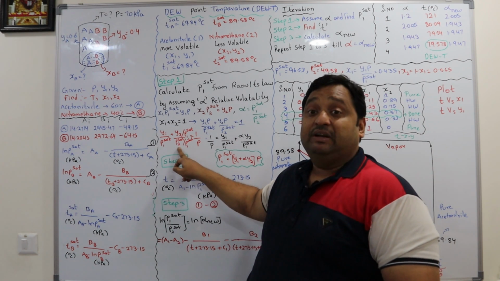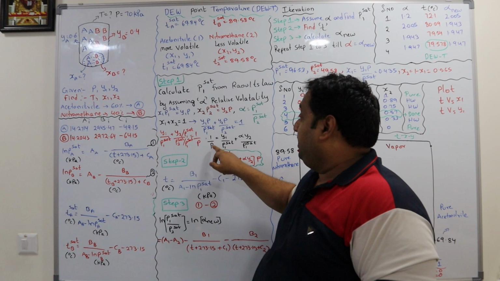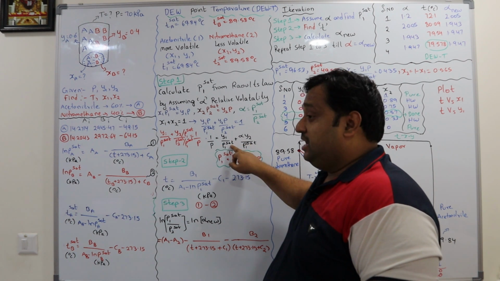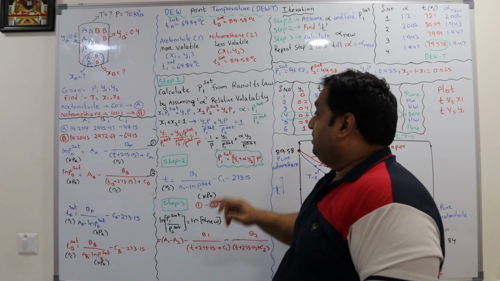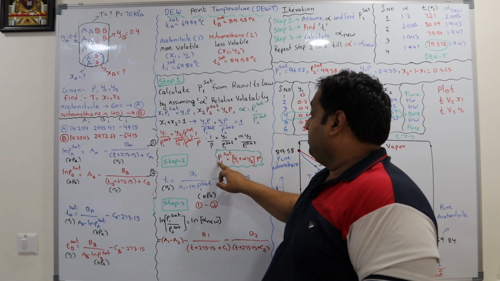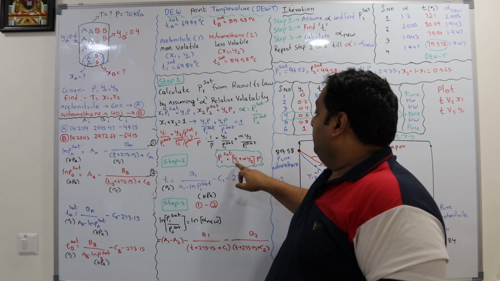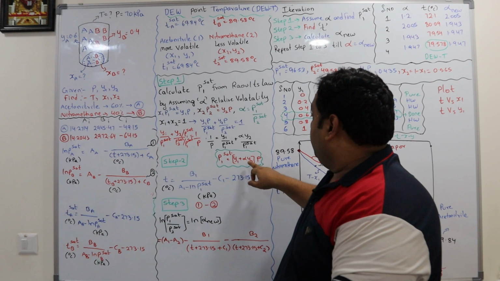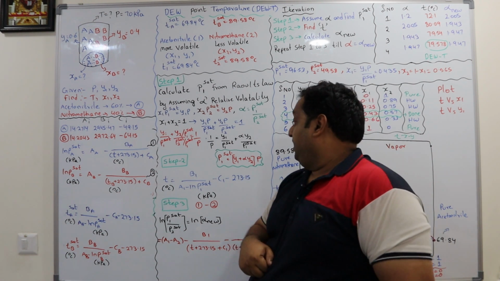So this equation transforms to 1 by P equal to y1 by P1 sat plus alpha into y2 by P1 sat. Therefore, P1 sat is nothing but y1 plus alpha into y2, into P.